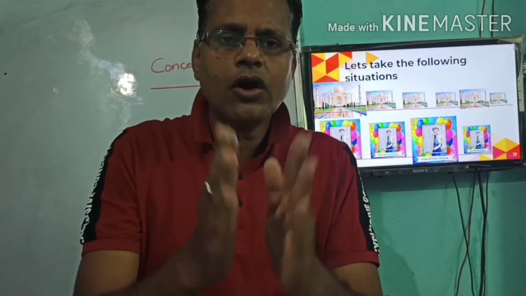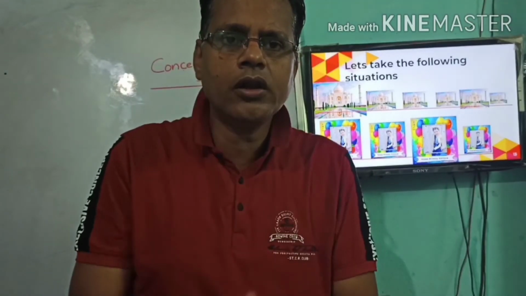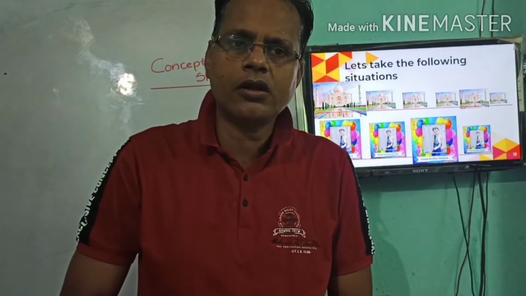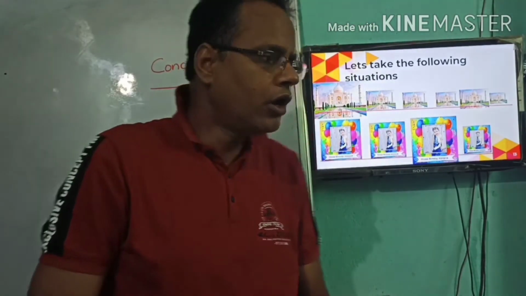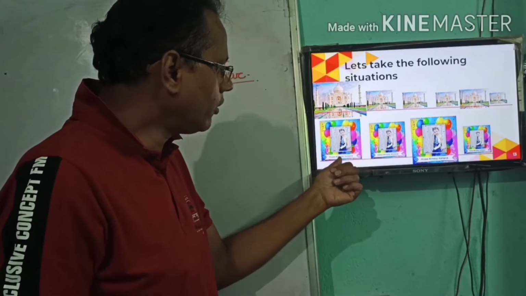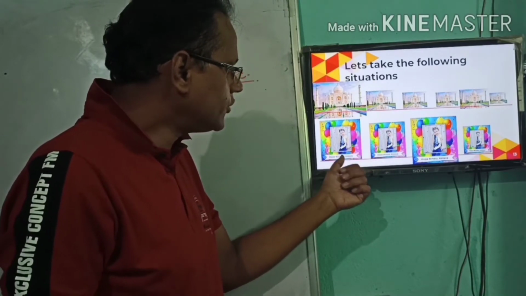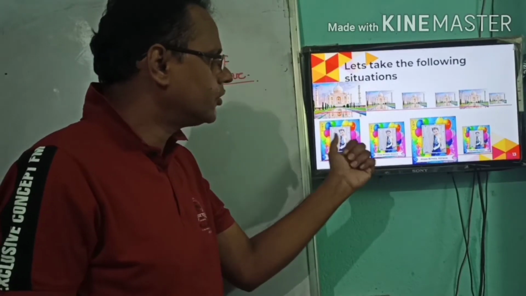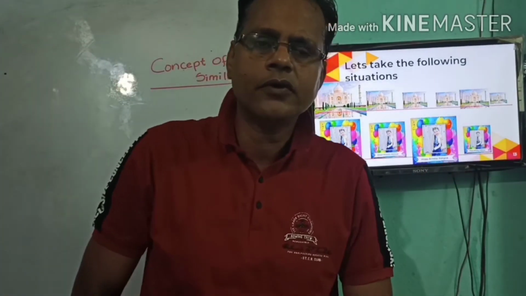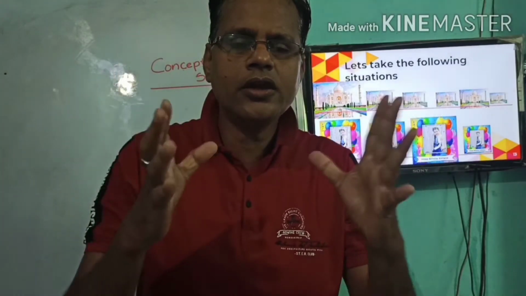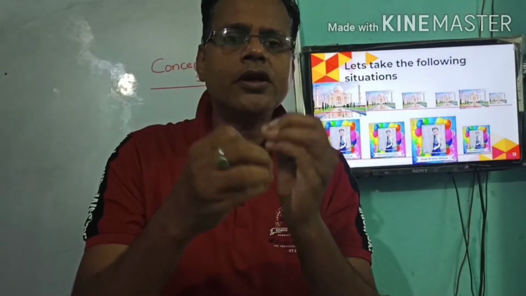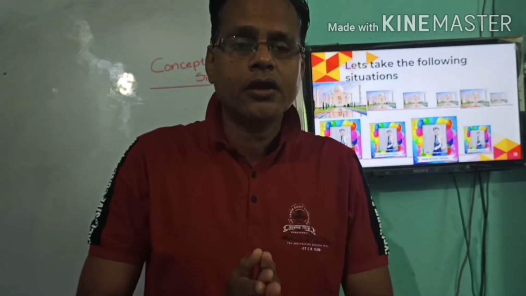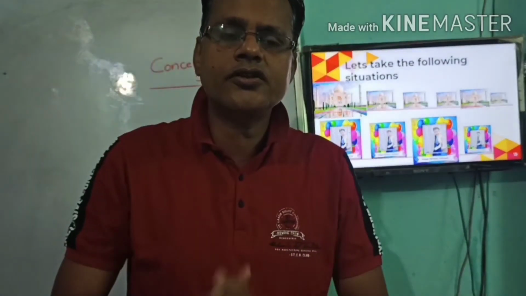The sides of the smaller Taj Mahal are gradually increasing to get a bigger Taj Mahal. Are you getting it? The sides of your bigger photograph are gradually decreasing from all sides to get a smaller photograph. And here if we compare one figure to the other figure, we will only consider the proportionality concept.